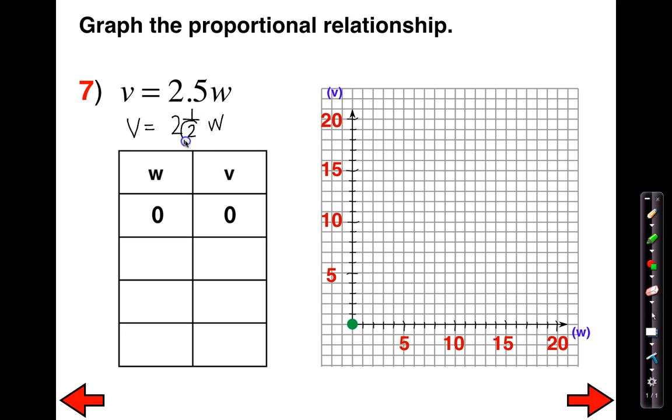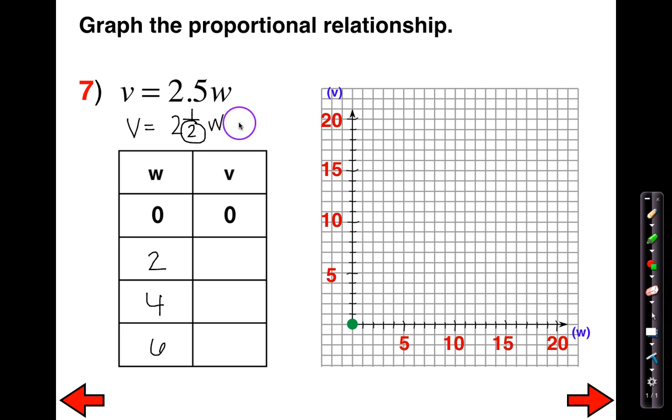So here, since my denominator is 2, I might want to use multiples of 2. So 2 times 0 is 0, 2 times 1 is 2, 2 times 2 is 4, 2 times 3 is 6. So I'm going to go ahead and input these values in for W and see what my output for V would be. So at this point, go ahead and pause the video and try graphing this on your own.